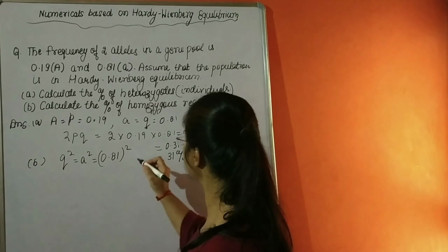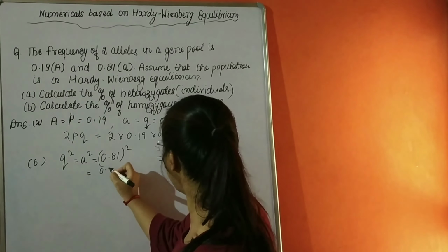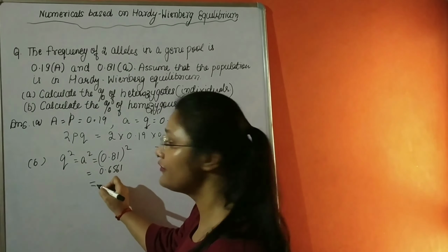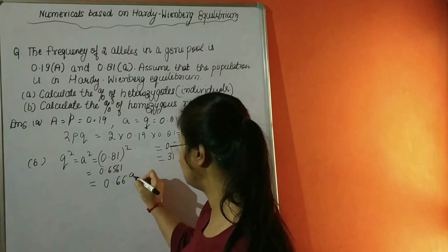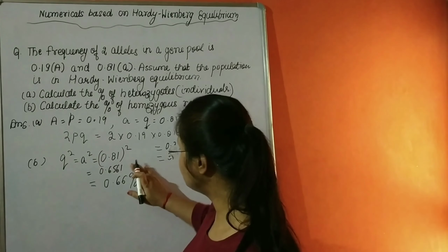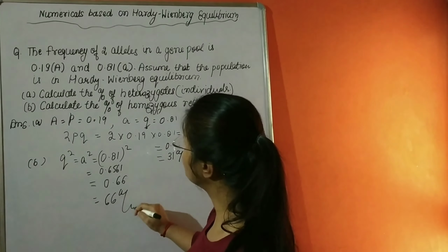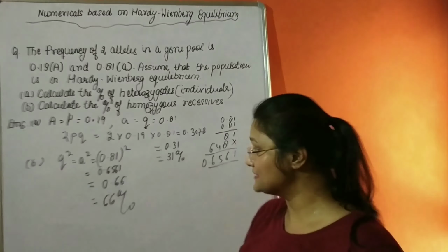So it is 0.6561. If we round it off, it will be 0.66, which is equal to 66%. So the percentage of homozygous recessives in this population will be 66%.